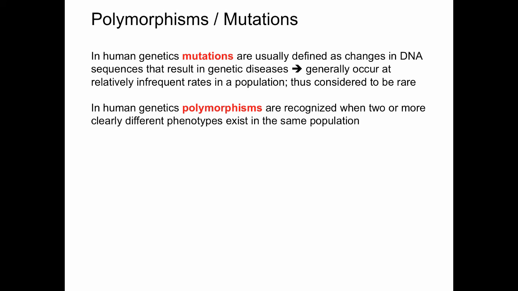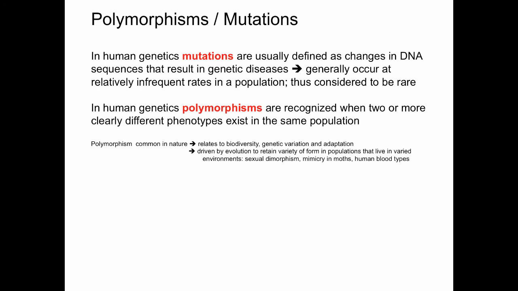In human genetics, polymorphisms are recognized when two or more clearly different phenotypes exist in the same population. Polymorphisms are common in nature, and these relate to biodiversity, to genetic variation, and to things like adaptation. Polymorphisms would be driven by evolution to retain variability in populations that live in varied environments.